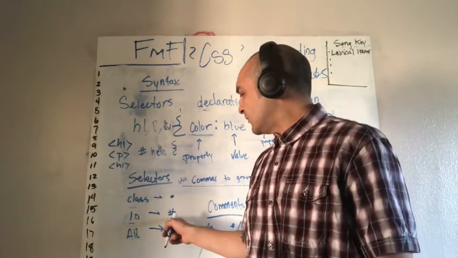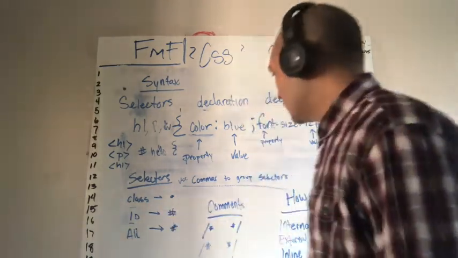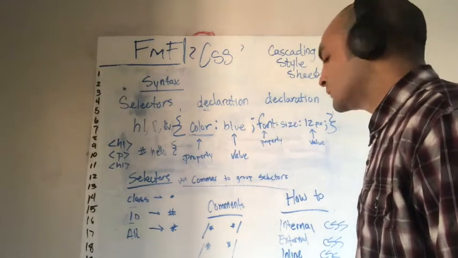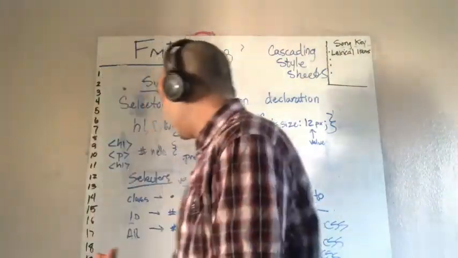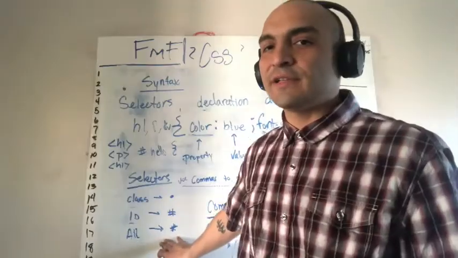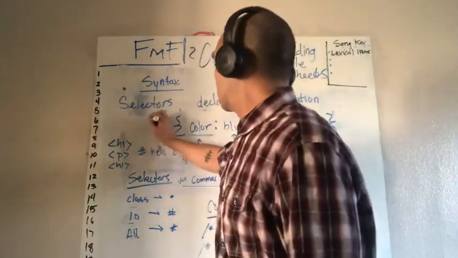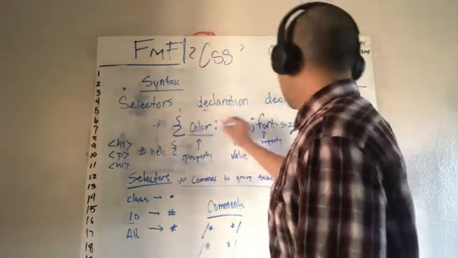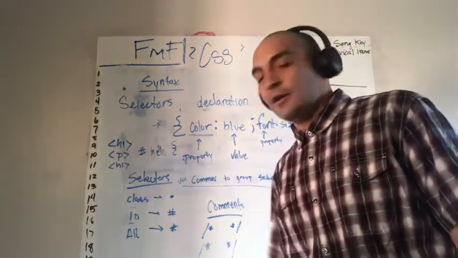IDs use the octothorpe, and classes use a period. If you want to select everything, you can use just the asterisk, the universal selector. You do the asterisk, and then the declaration, and that's going to apply to everything on the page. That's an all. Good for selectors and comments.